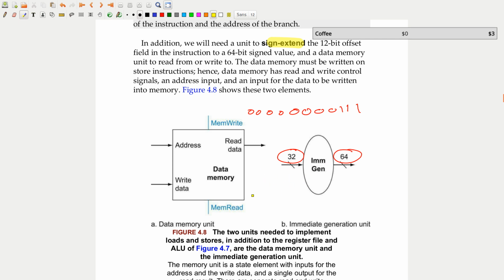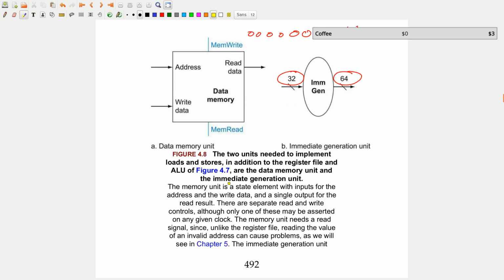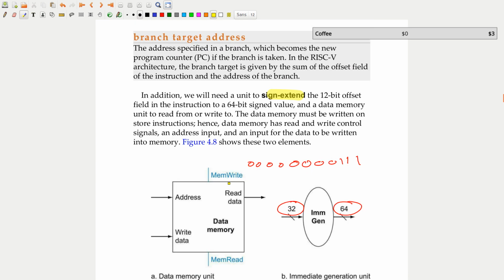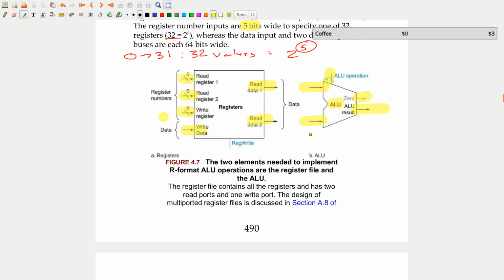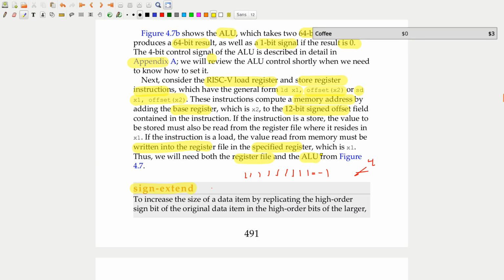We need some way to generate an immediate value. As we saw from these instructions, there is some offset value that's typically embedded in the instruction.